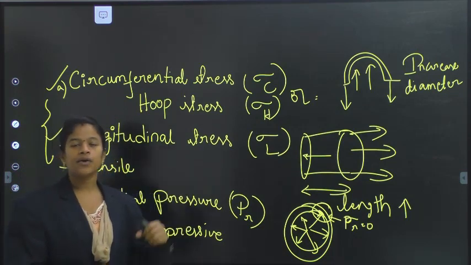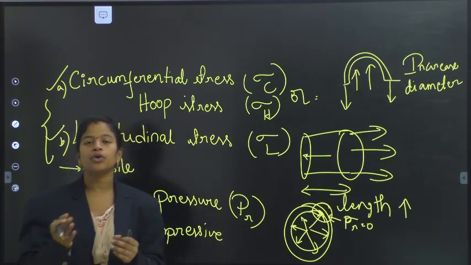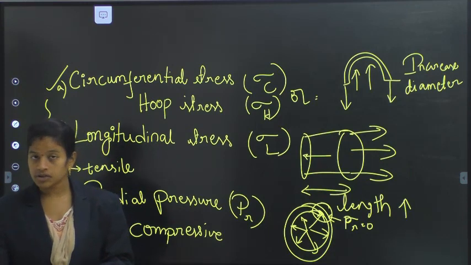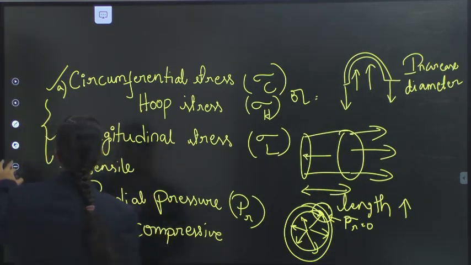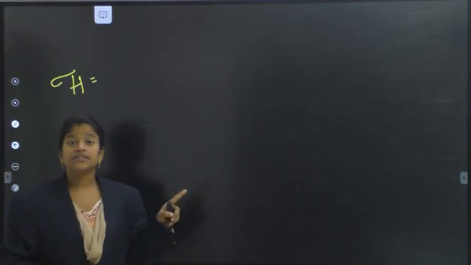Okay. So now as the stress is being produced, the corresponding strain also will be produced, right? So now I will give the corresponding formulas for the stress and strain. Sigma H, you have to remember the formula.